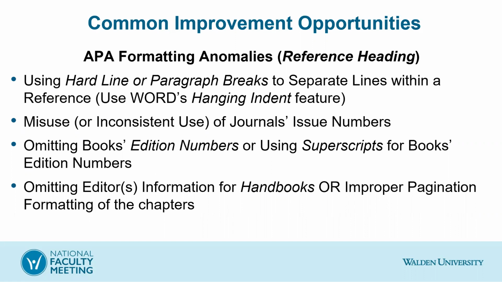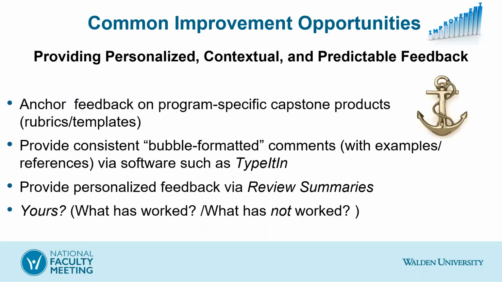And finally, for handbooks, not using APA formatting for the pagination of those page numbers, or omitting the editors' information, identifying the editors and the "Ed." requirement that's required for APA formatting as well. Okay, next please.